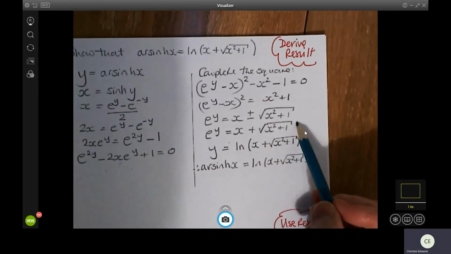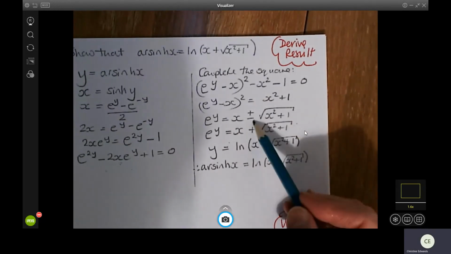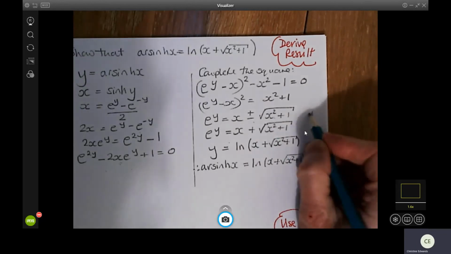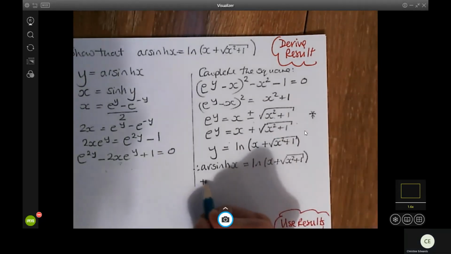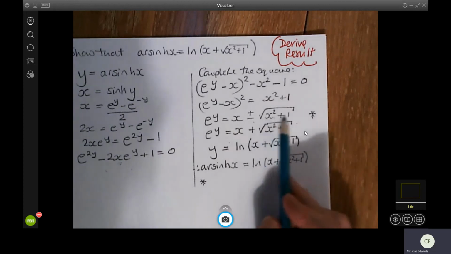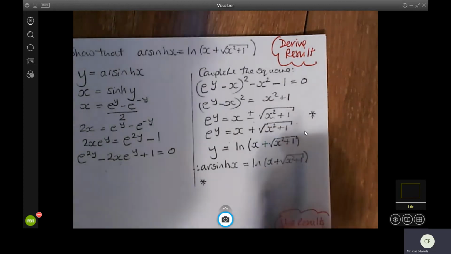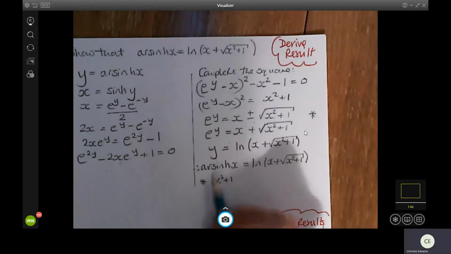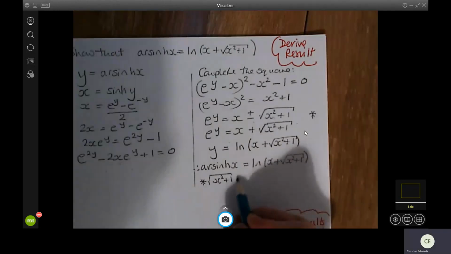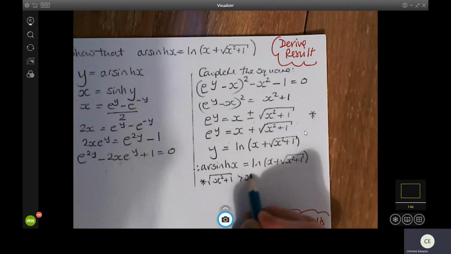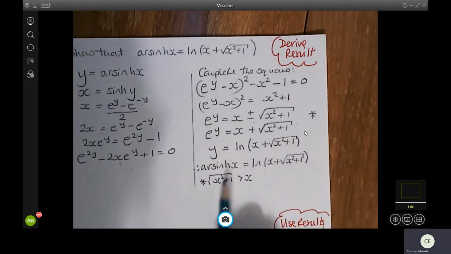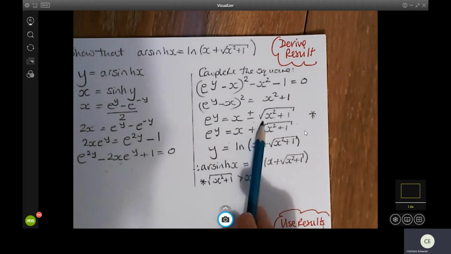Just one thing we need to consider, and that is why I don't need to include the negative square root. So let's just put a note. If I think about this, x squared plus 1 square rooted is always going to be greater than x. So if I were to take that away, that would give me a negative value here.